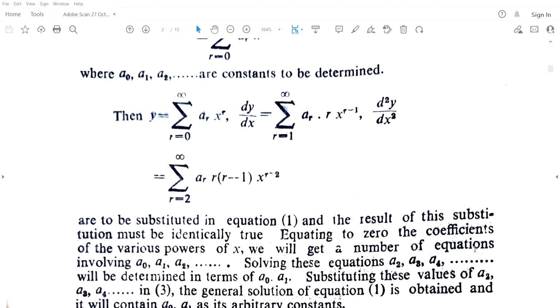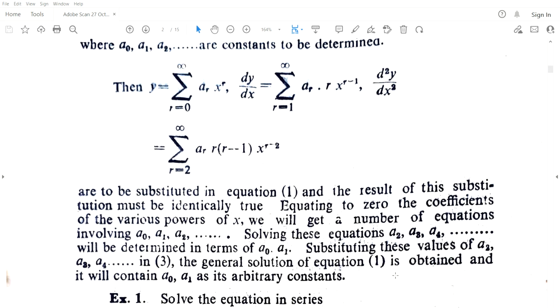Equating to 0 the coefficients of the various powers of x, we will get a number of equations involving a0, a1, a2, etc. Then solving those equations, we get the values of the constants in terms of any two constants.